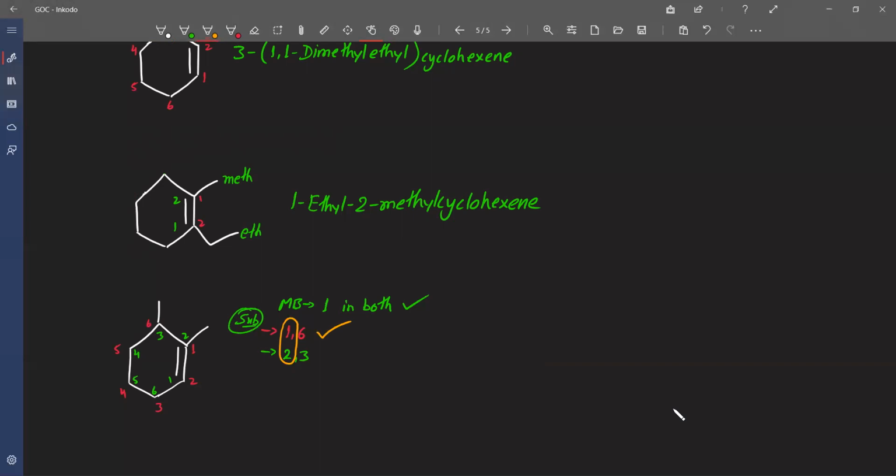So this is the basic rule in case of multiple substituents. You should select that numbering scheme in which the lowest numbers are used. Out of 1 and 2, 1 is the lowest one. Now the problem is in many books you will find lowest sum.